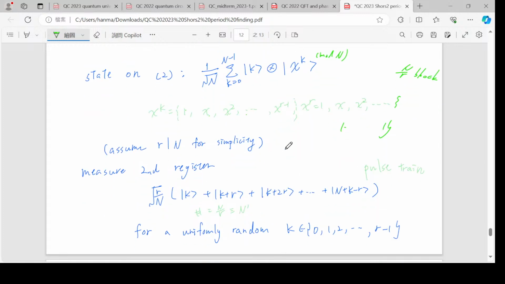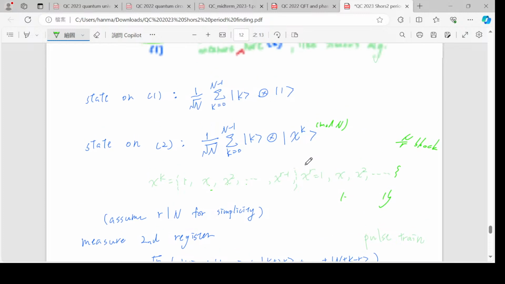Now you measure here, and there are different values that keep cycling, so you get a uniform k from 0 to r minus 1, and the second register becomes x to the k. So you get x to the k on the second register as your measurement result.